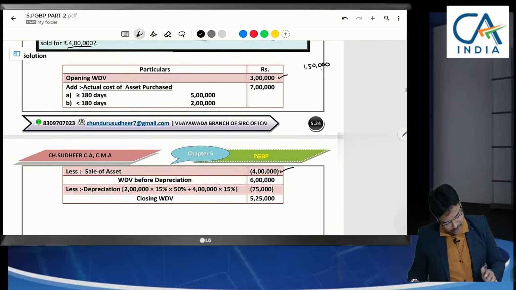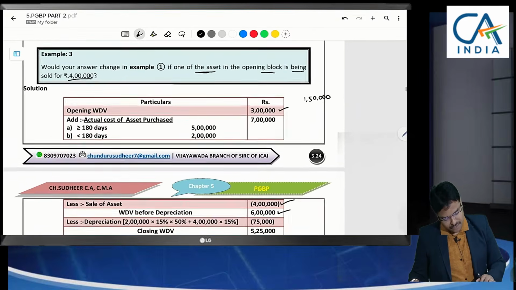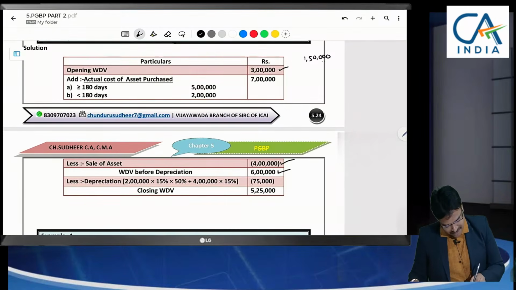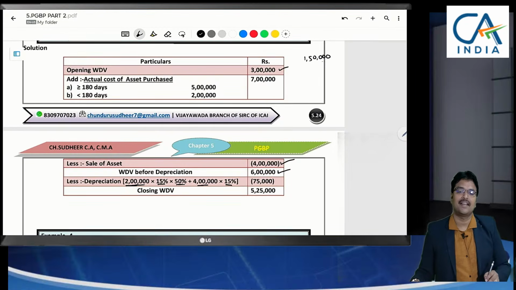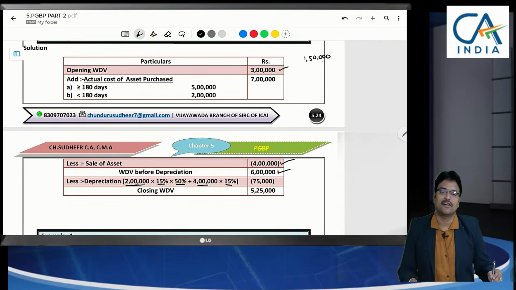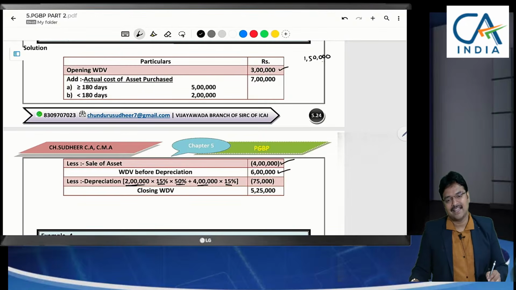So what we need to do in this case: WDV before depreciation is 6 lakhs, out of which first preference should be given to less than 180 days, 2 lakhs into 15% into 50%, and on balance 4 lakhs into 15%. Am I clear? First preference should be given to the asset less than 180 days, because there only half depreciation is eligible.